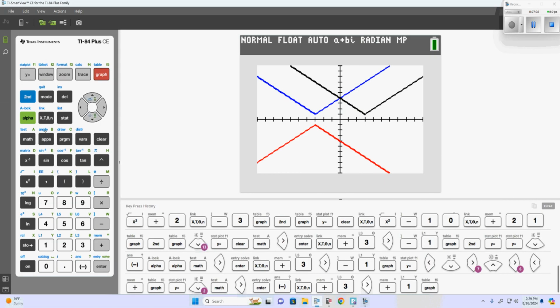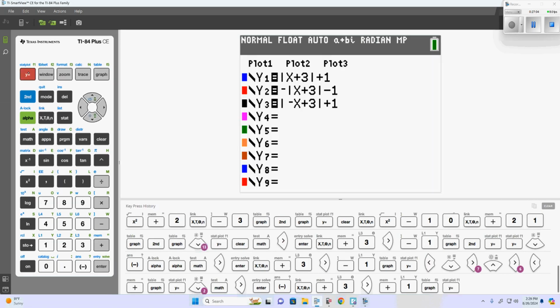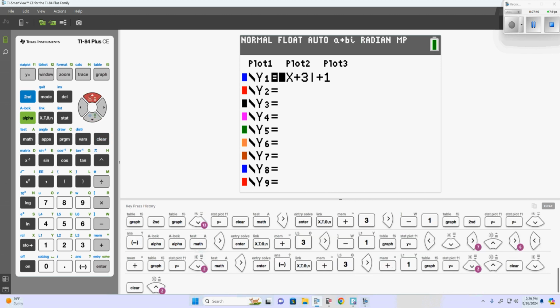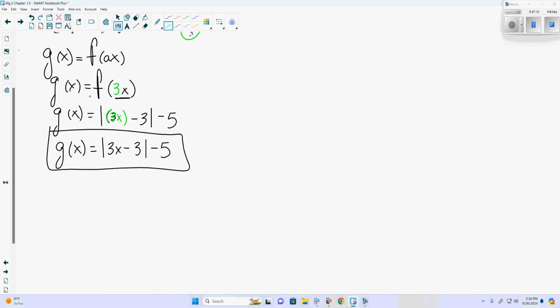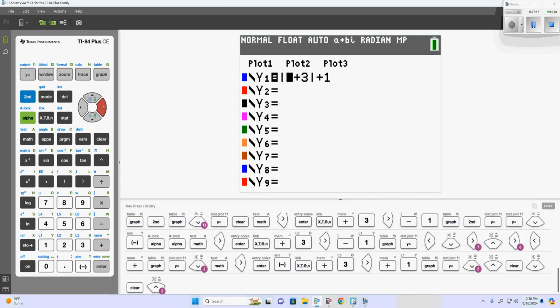So, let's look at this here. Okay. None of these are what we wanted. So we do want absolute value of 3x. So it's x minus 3 plus 1, is it?